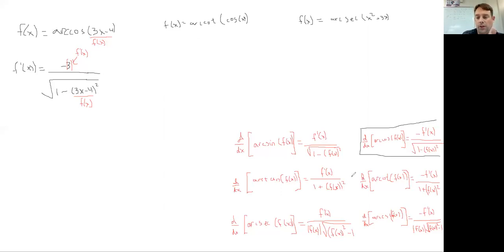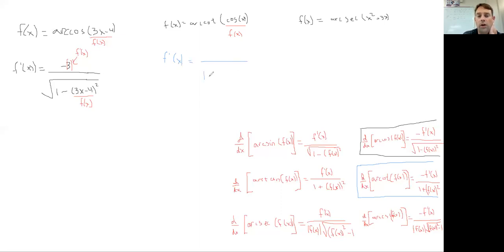All right, arc cotangent. That one's going to be right here. There's arc cotangent. So here's my f of x. We're going to plug it into our derivative here.